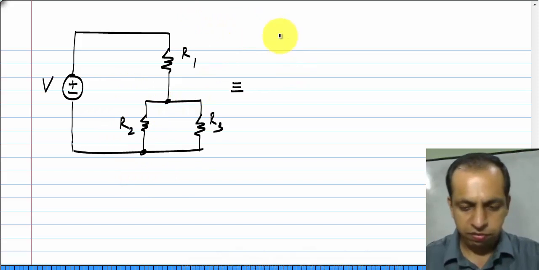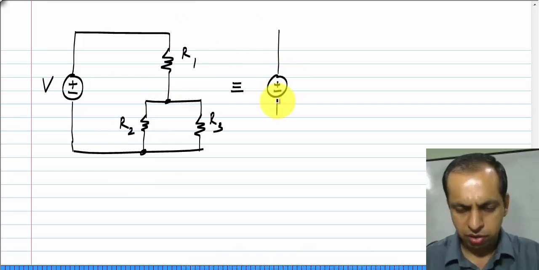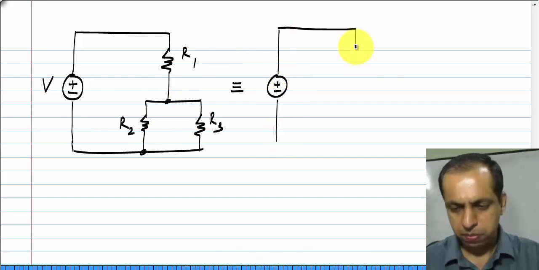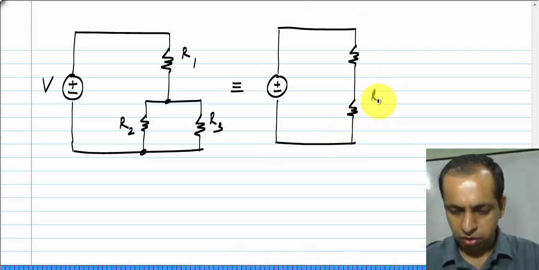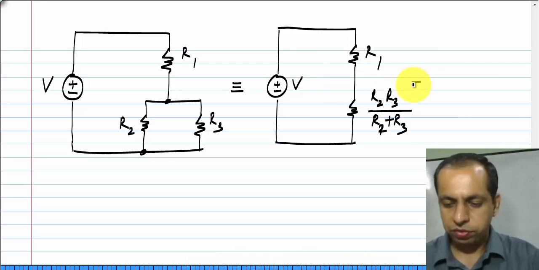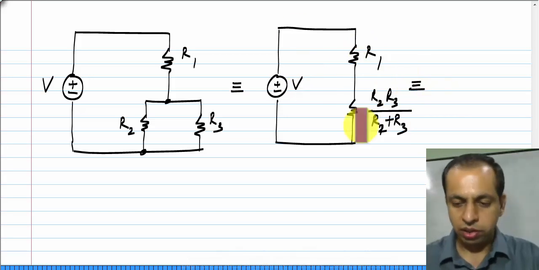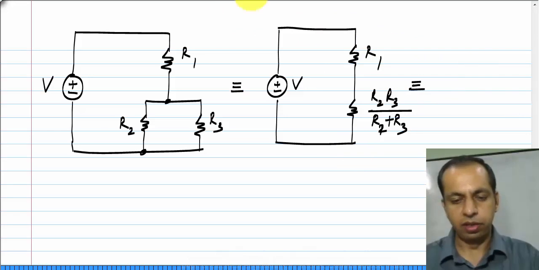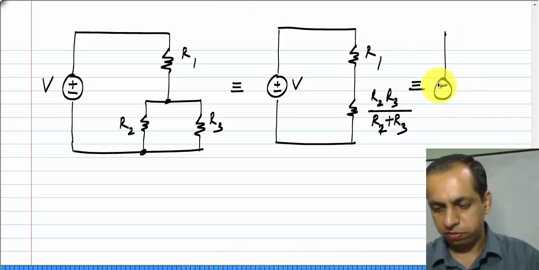So, we will have the parallel combination and R1, and of course, finally, these two are in series and can be reduced to a single resistor.